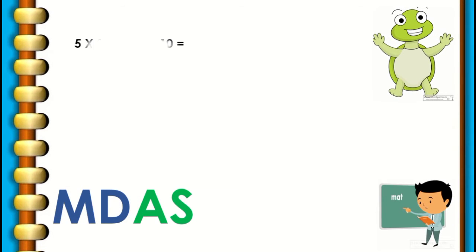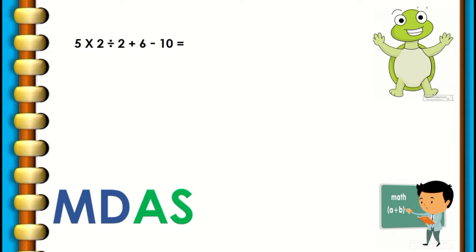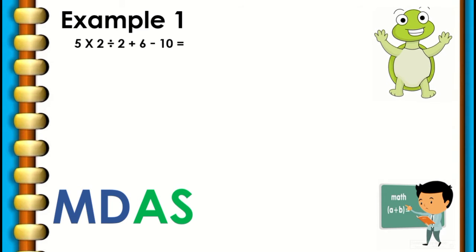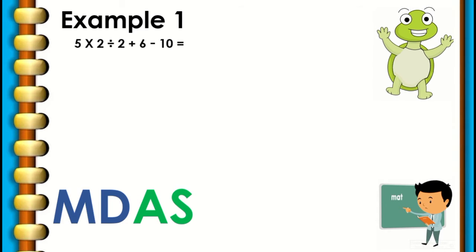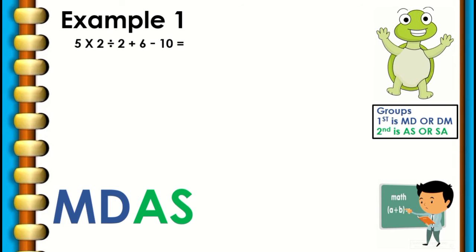Okay. Now, let's have the first example. We have 5 times 2 divided by 2 plus 6 minus 10. How will you carry out the operation? Let's follow the rule of MDAS. Maggawa ulit tayo ng groups.